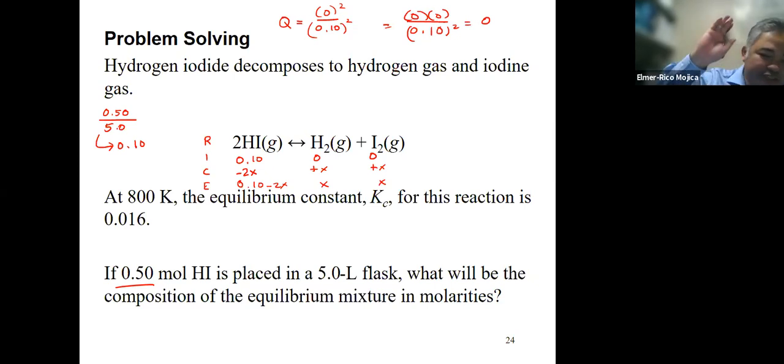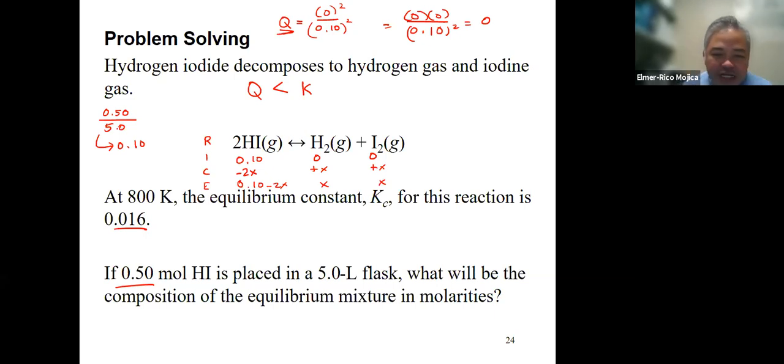So that means it moves from the reactant to the product side. Everybody got that? If you're asked for the Q, it's equal to 0. So that means Q is less than K, because your K is 0.016.